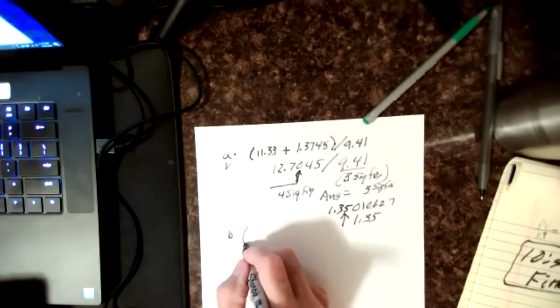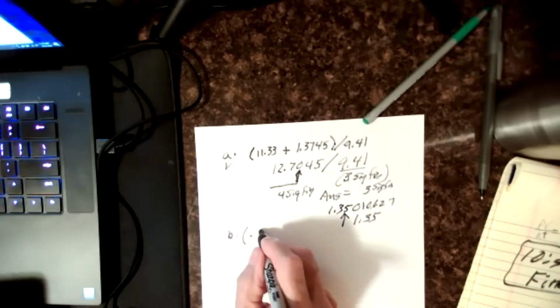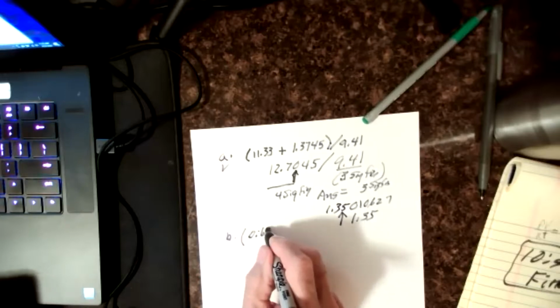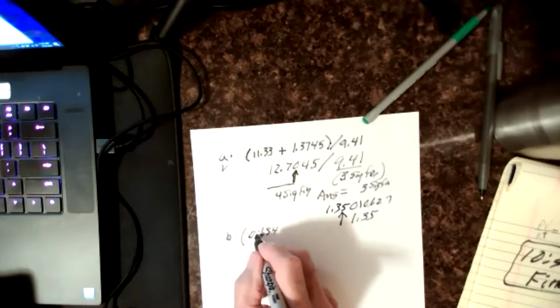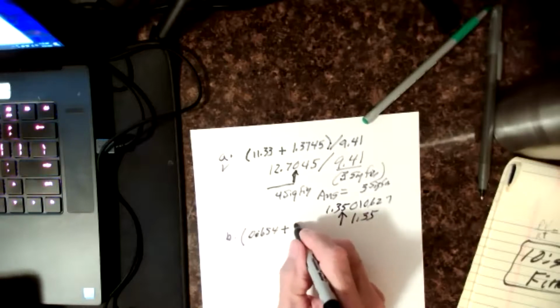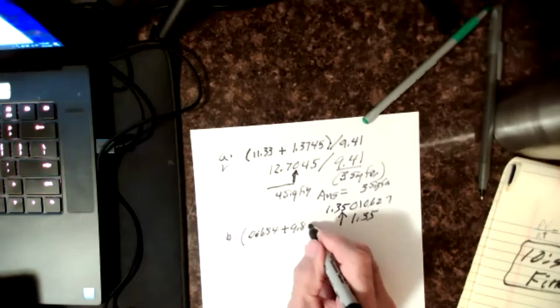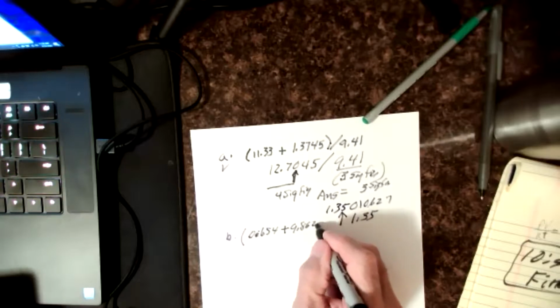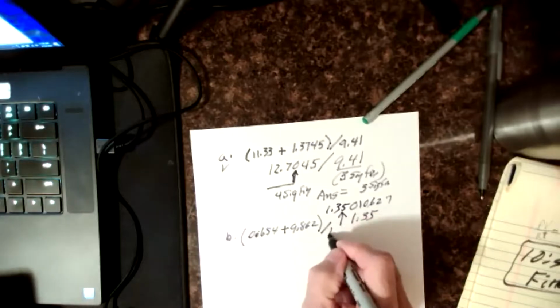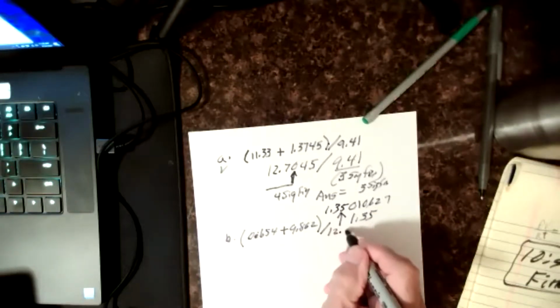Now I've got, again, a parenthesis: 0.654. I want to add to that 9.862, close the parenthesis. I want to divide that by 12.68.